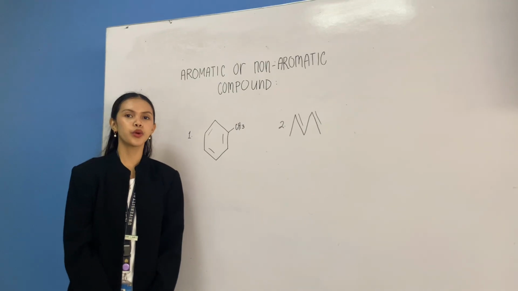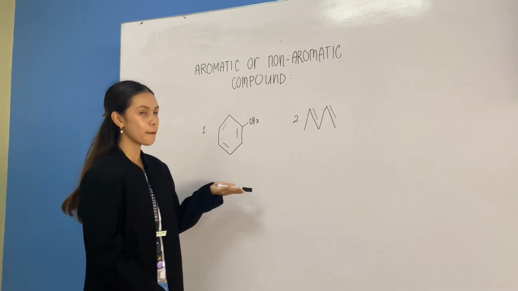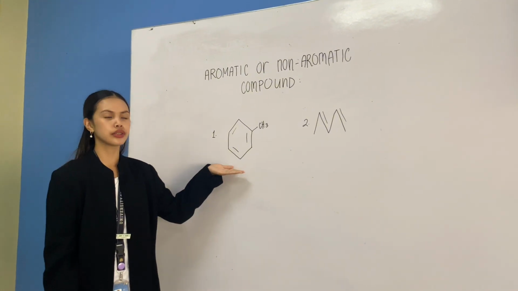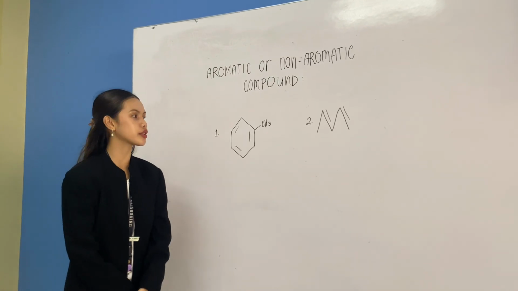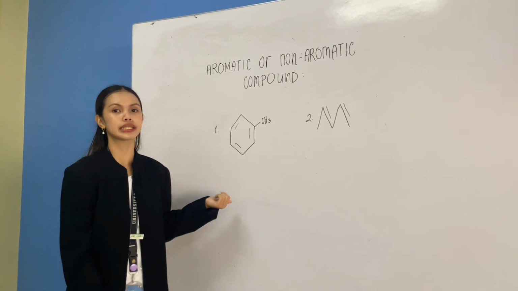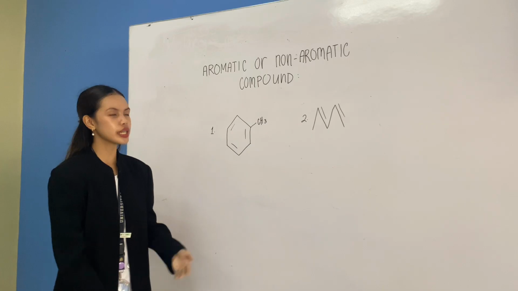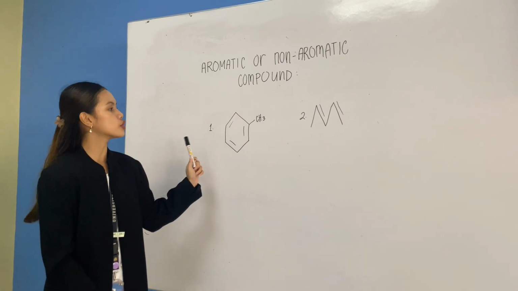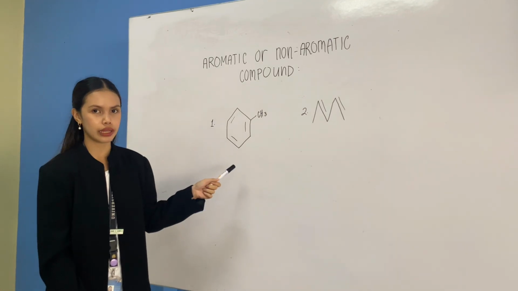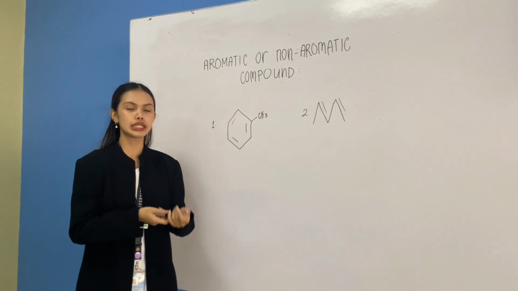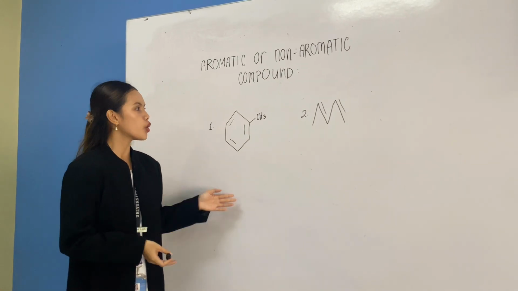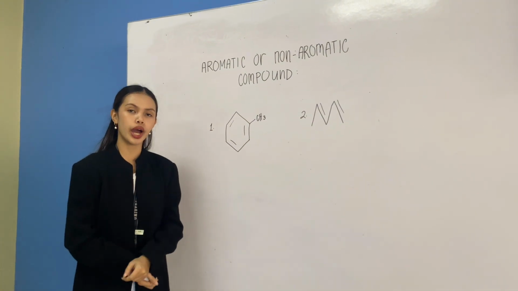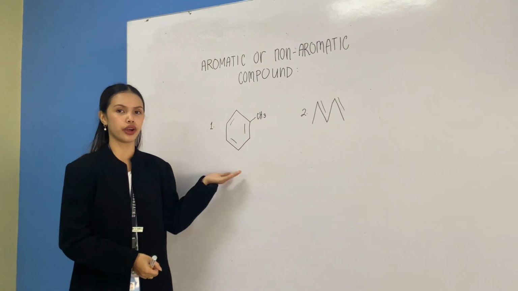This time, we will now identify whether these compounds are aromatic or non-aromatic. We can see the first compound here meets the first criterion: it does have a cycle in it. Second, it must be conjugated, since the compound contains a double bond, single bond, and double bond. Third, it must be planar. All the carbons participating here are sp2 hybridized, so that means they are planar.